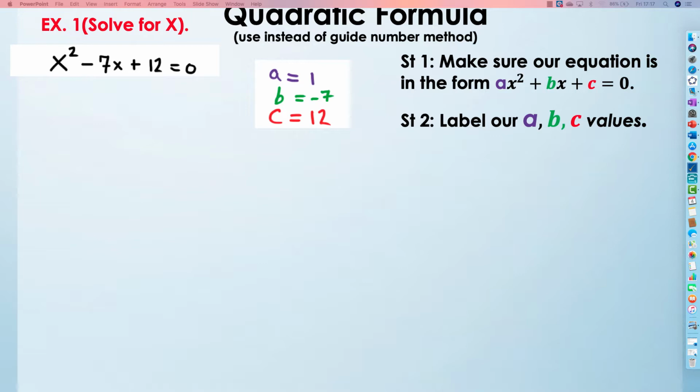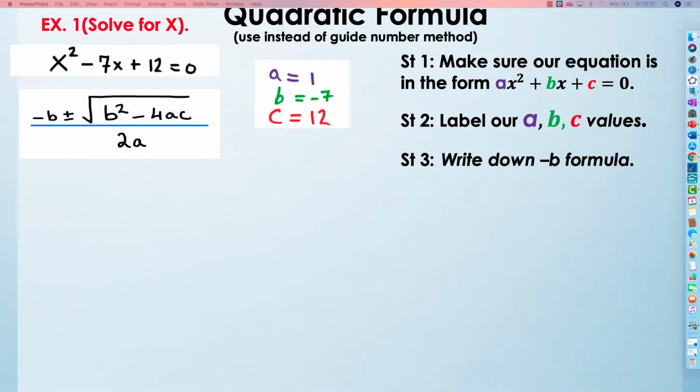Anyone know what the formula is? Minus b plus or minus the square root of b squared minus 4ac, over 2a. Good stuff. We're pretty close.